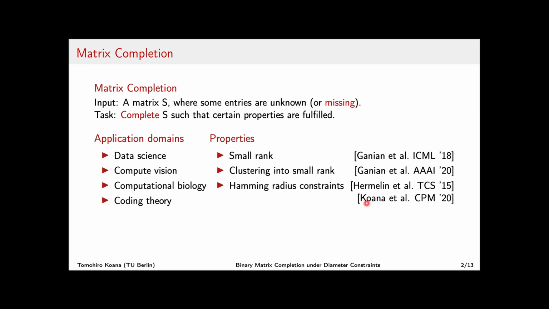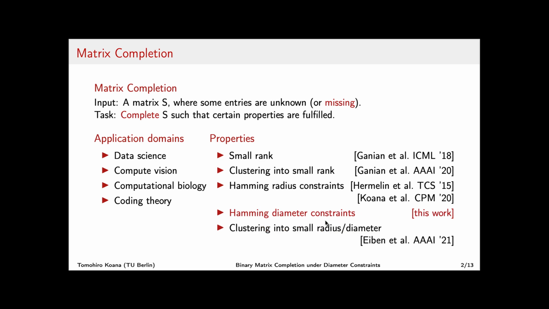And then in follow-up work, we improved some of their results. And coming up next is this work, in which we want to fulfill some diameter constraints. Lastly, there's a work by Ivan et al., which is a clustering variant of the Hamming radius and Hamming diameter constraints.